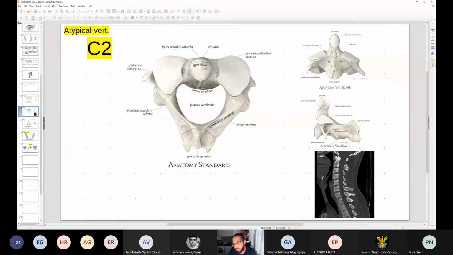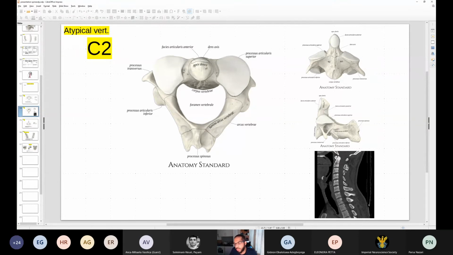The clinical importance of this process, or the dens, is that, so this is a CT scan, and it's a sagittal view.